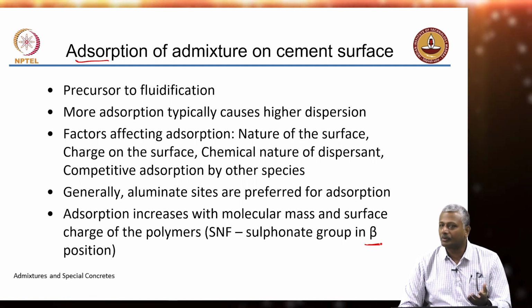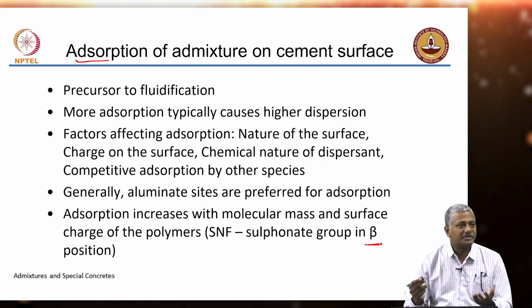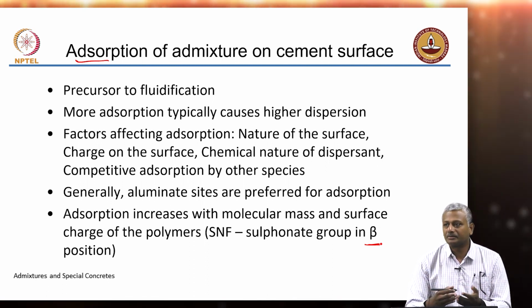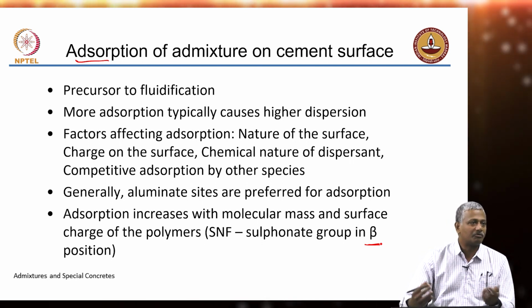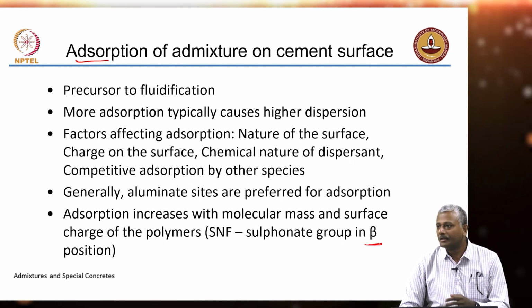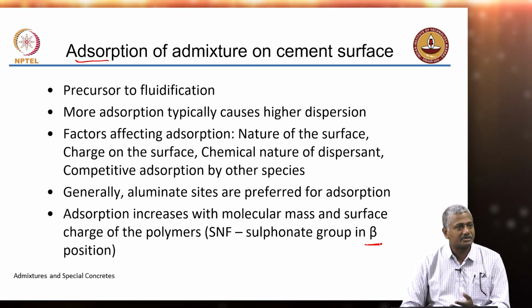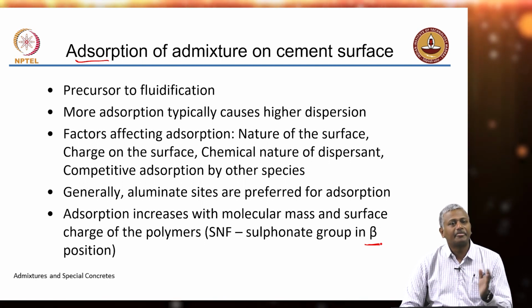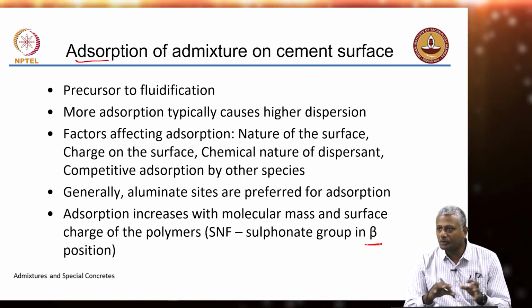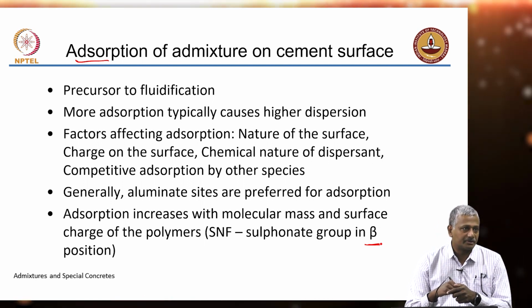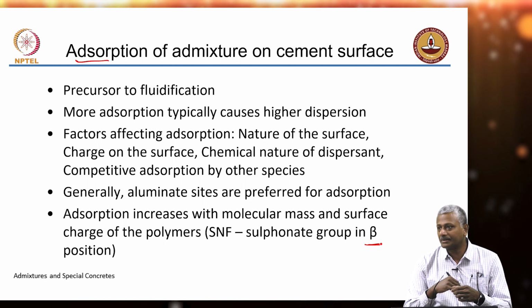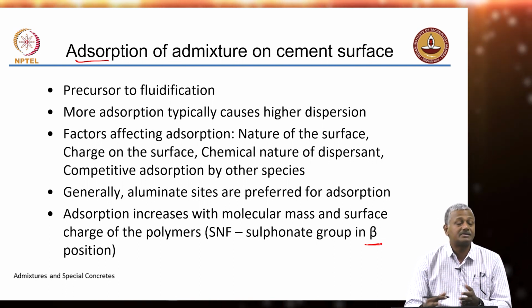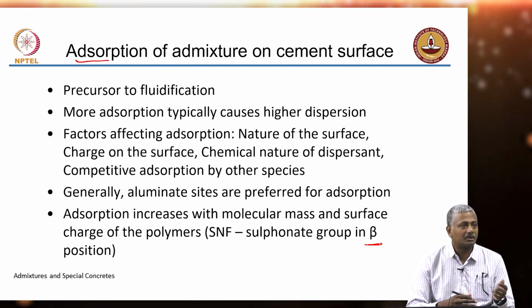Now of course for organic chemicals, benzene or benzene related products are probably found in several different organic species. In polymers also, as you saw in the structures that we talked about in the last class, the benzene ring was quite uniformly found in most of the structures, right. So the sulfonate group in the beta position is one of the reasons why certain times the admixture may work very well.